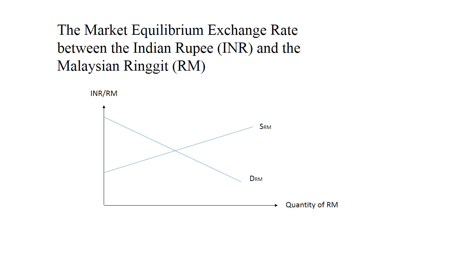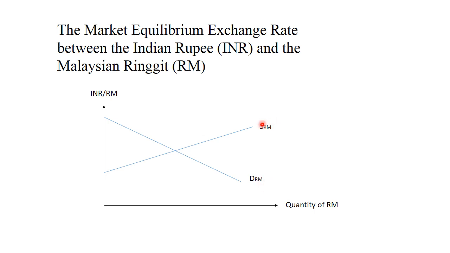So you are going to change your quantity from quantity of Indian rupee to quantity of ringgit Malaysia, and you also have to change the demand. Just now it was demand for Indian rupee. Now you are going to change to demand for ringgit Malaysia.